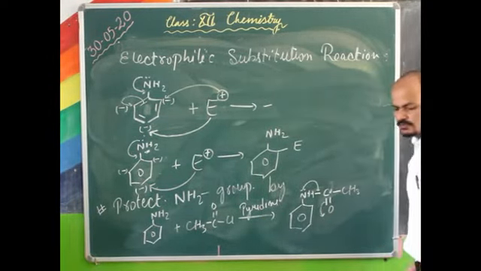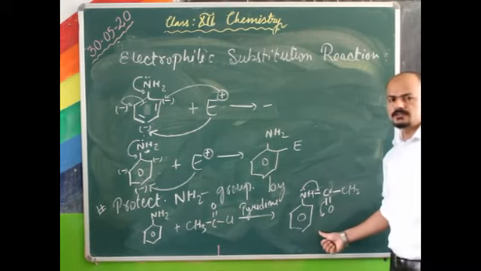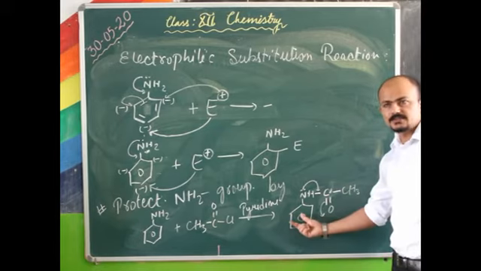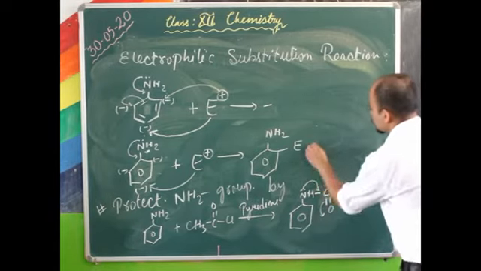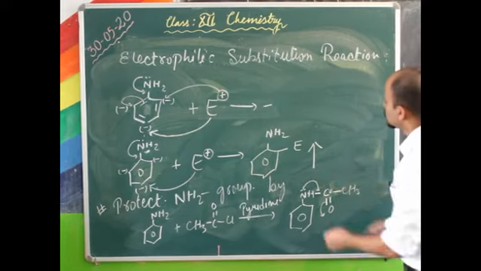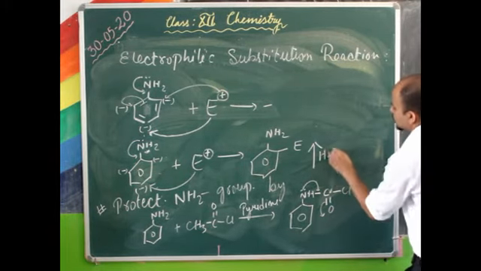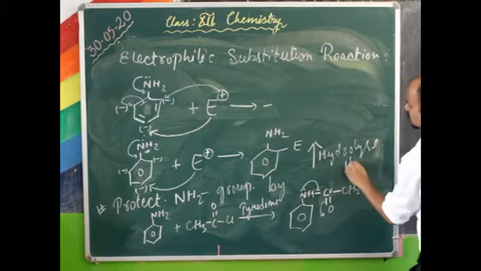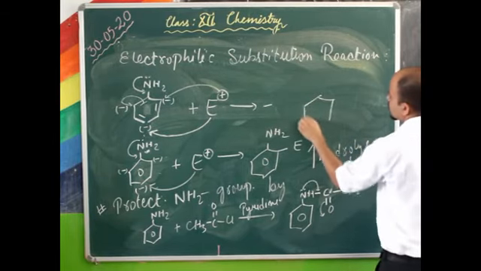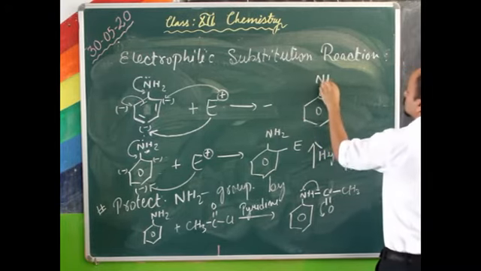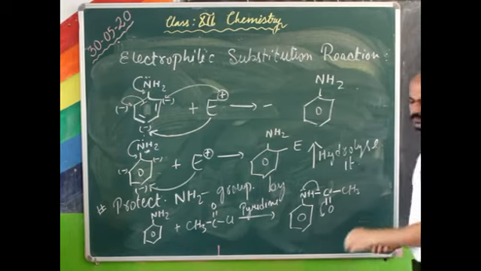Once you carry out the mono substitution reaction, you protected this, you carried out the electrophilic reaction, and you obtained your desired product, then you just have to hydrolyze it. If you hydrolyze it, you will be getting back the NH2 group.